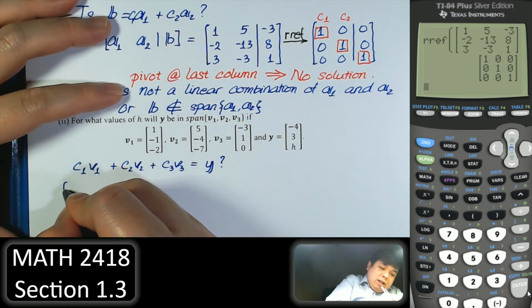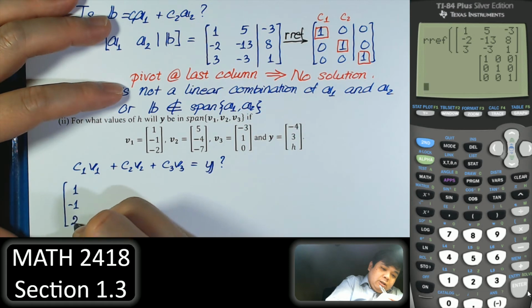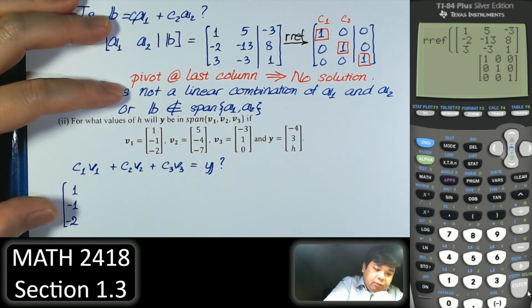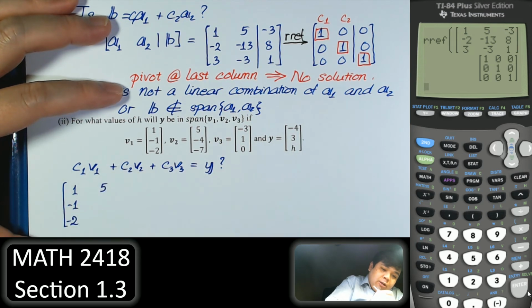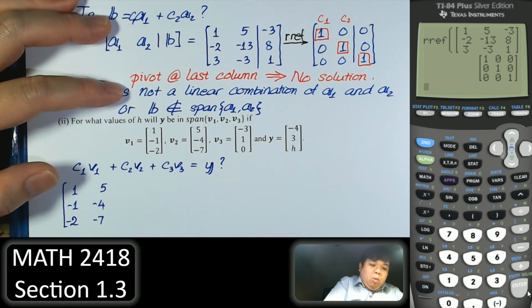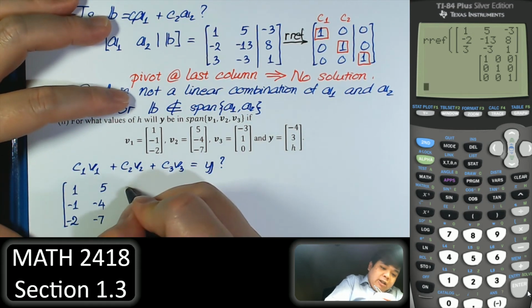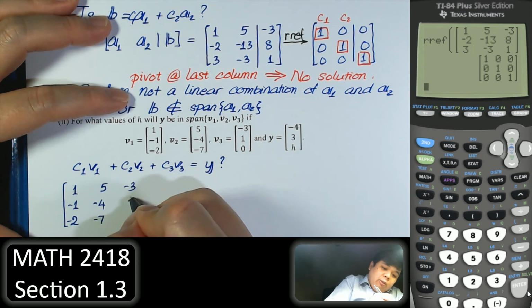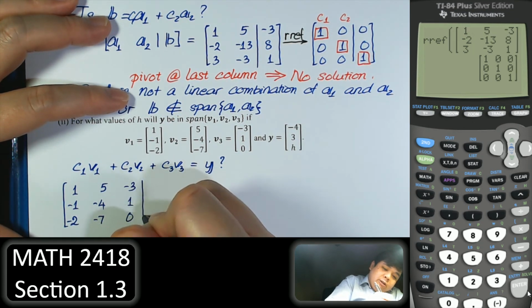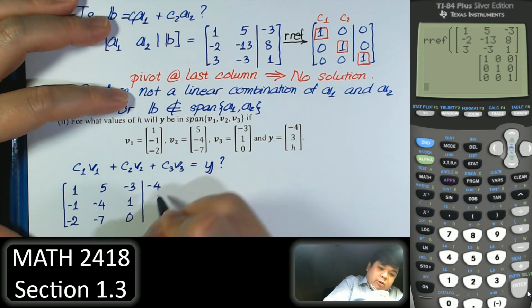Now let's put that in the matrix: 1, -1, -2, 5, -4, -7, -3, 1, 0, -4, 3, and h.